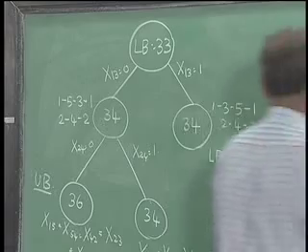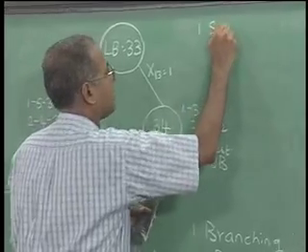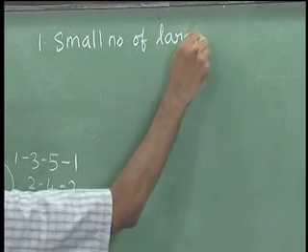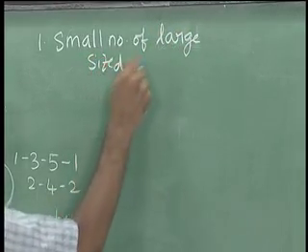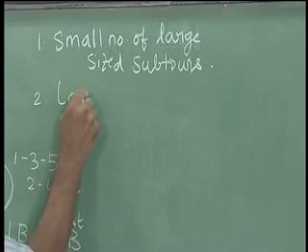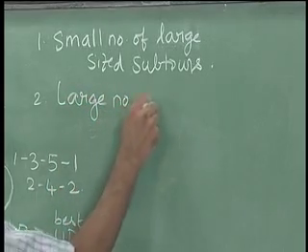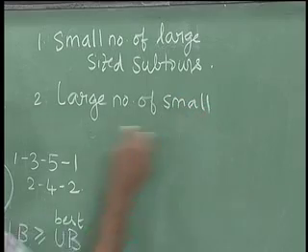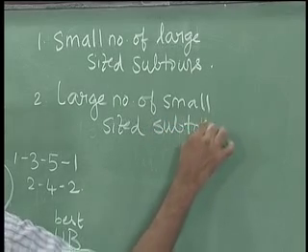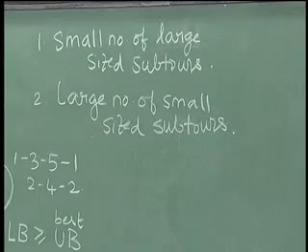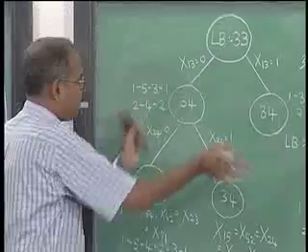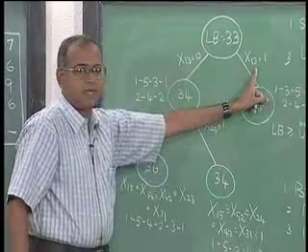So, one is smaller number of large sized subtours, and large number of small sized subtours. Now, when we look at the second one, we could simply take any one of the subtours and keep branching with the 0 and 1, which makes it easier.